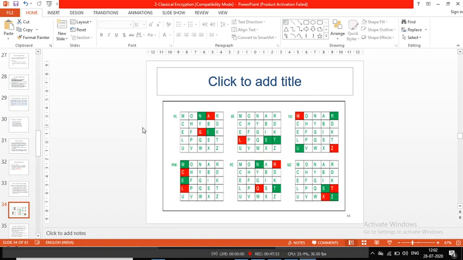Now what is the second block? ST. Where is S and where is T? These two letters are in the same row. If two letters are in the same row, the substitution will be the next letter of the original letter.